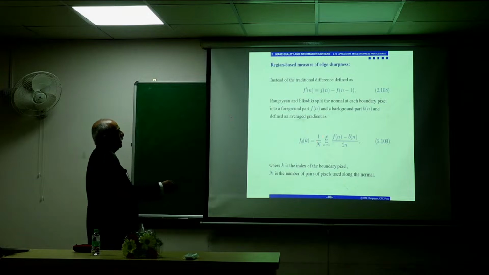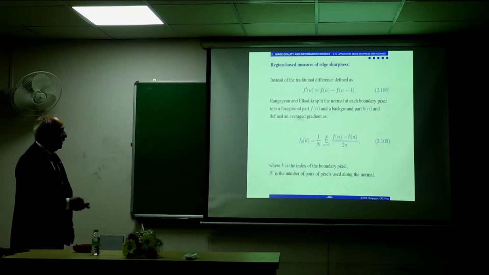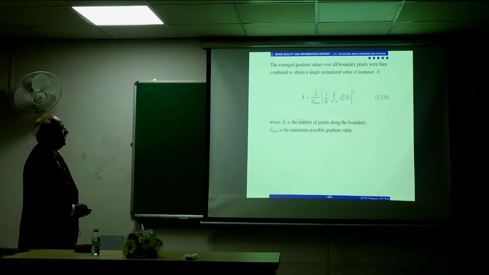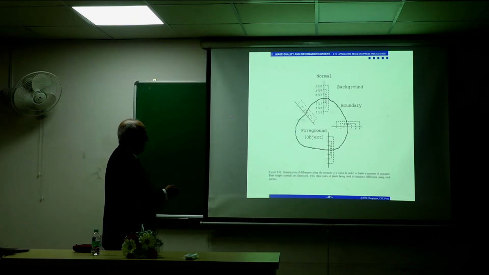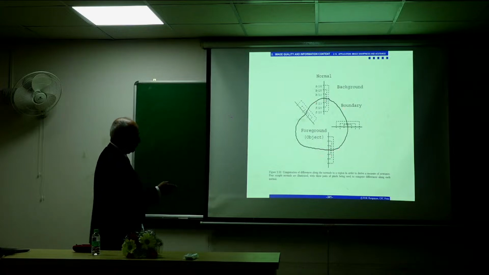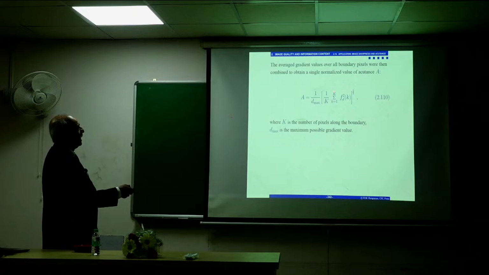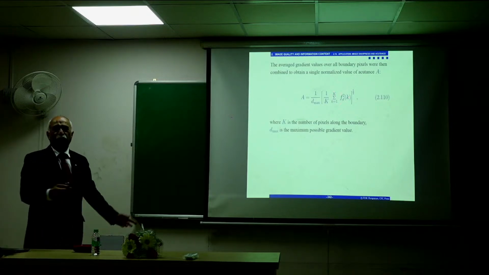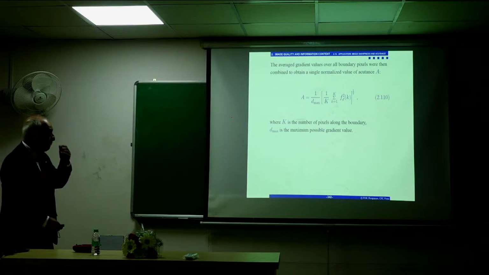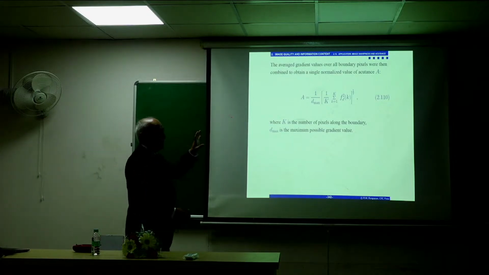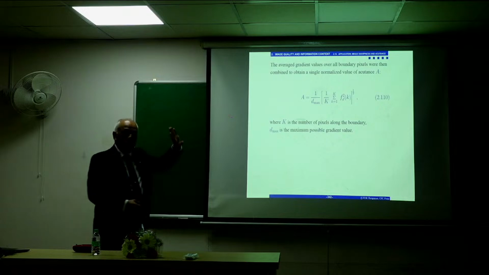That is one gradient at one normal. And then average that over the entire image by averaging over all of these normals. So if there are capital K of those normals, then that is the root mean square value of that. So we call this acutance, not knowing all the history.